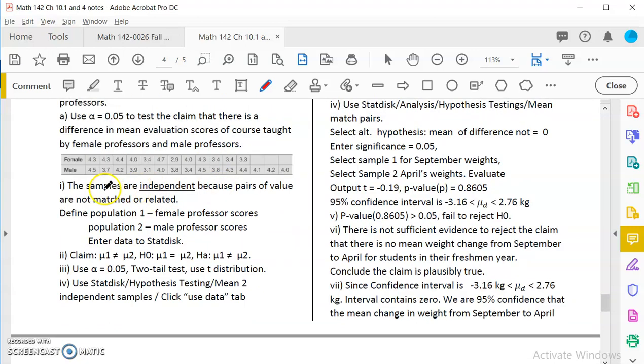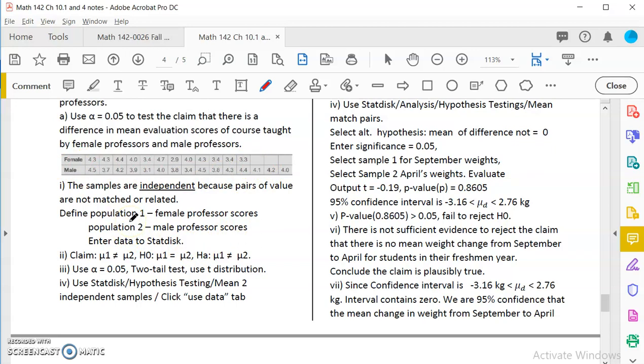So first is determine if they're dependent or independent. Of course, they're not dependent. There are two groups. You can also see that their sample sizes are different. Although we have data values, that does not guarantee that it is always paired up, right? The two groups of samples, some female professors' evaluation grade, some male professors' evaluation grade.